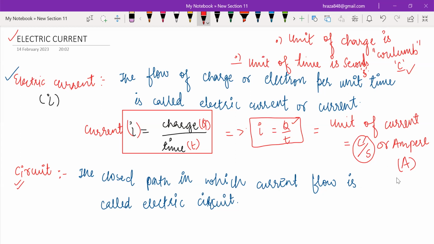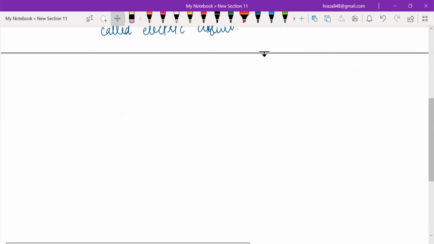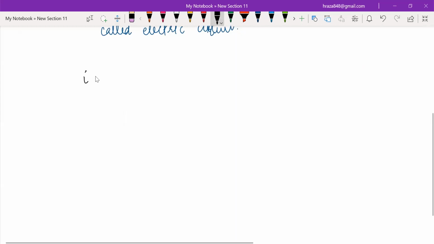Now you have a formula, that is I is equal to Q by T.